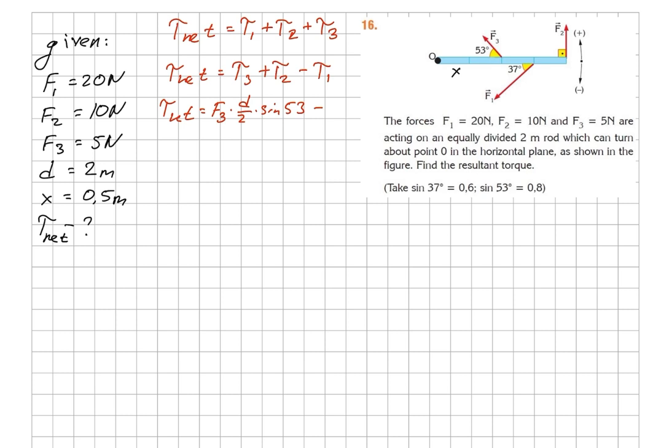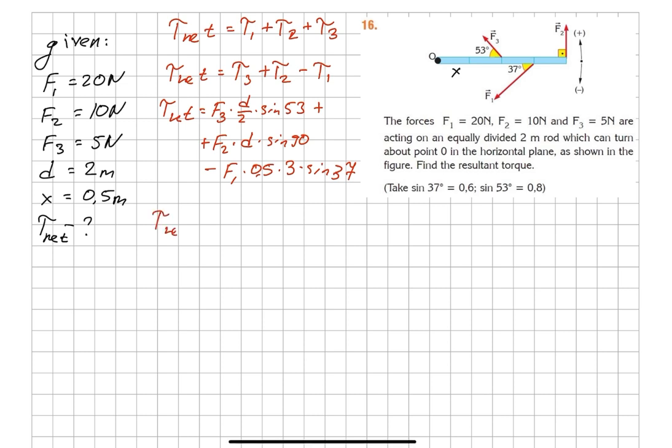Torque 2 will be F2 times, it's on the edge, so it will be just the distance times sine 90, and minus F1 times 0.5 times 3 times sine 37. Let's calculate it.